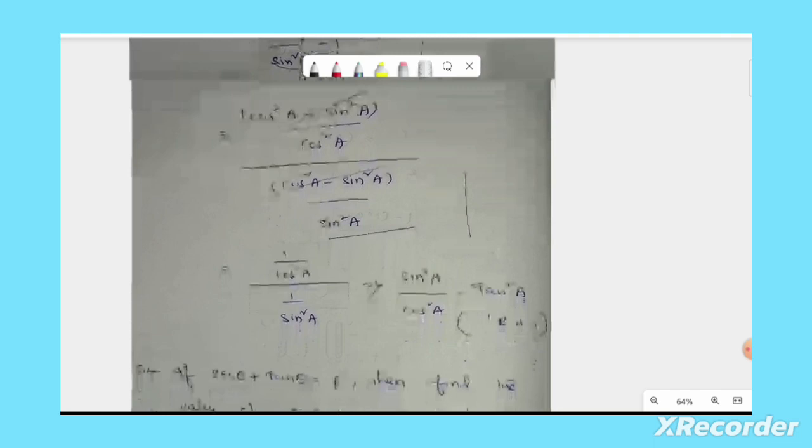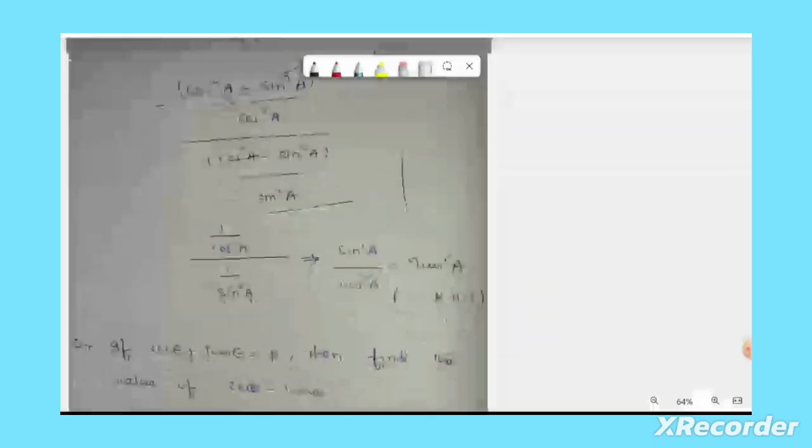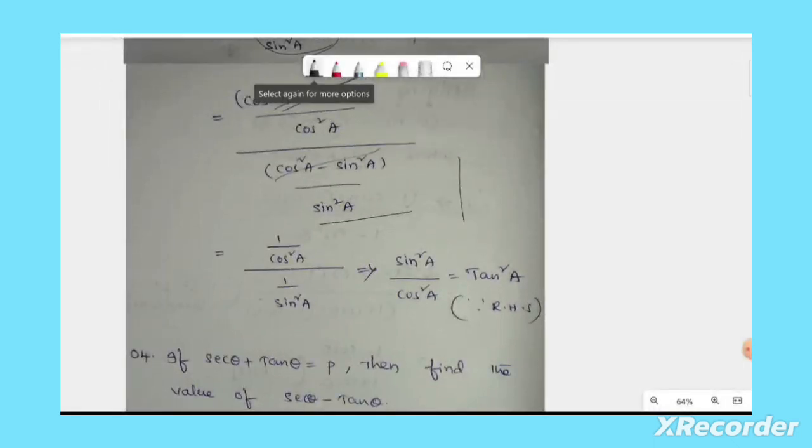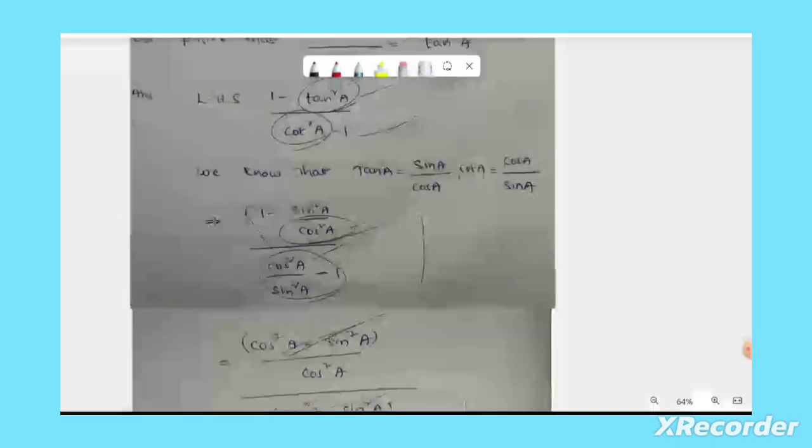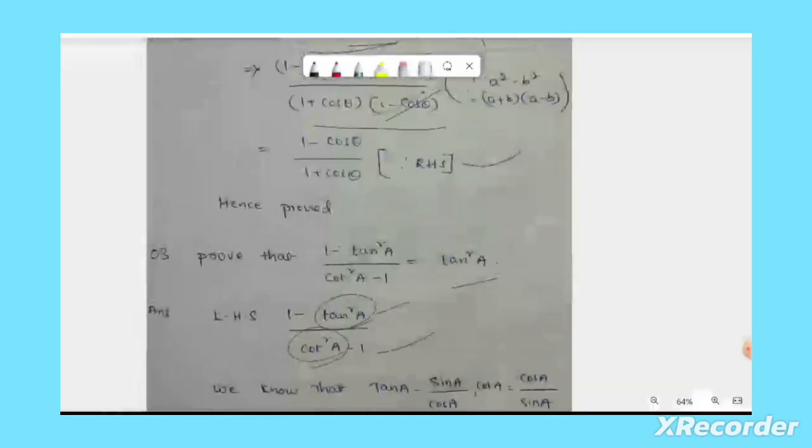If it comes to the top, then the numerator and denominator get reversed. So it will be sin square a, and as usual we have cos square a in the denominator, so it will be sin square a by cos square a. So I can write it as tan square a. Hope this is also clear. So I have proved it in terms of tan square a.